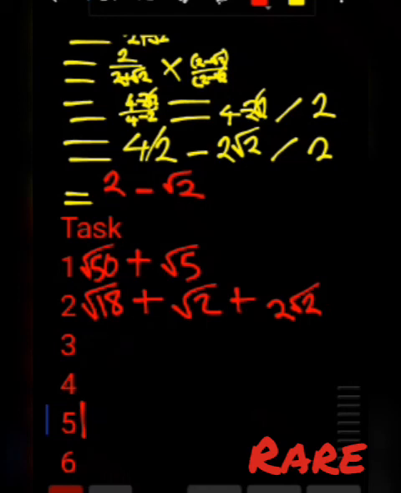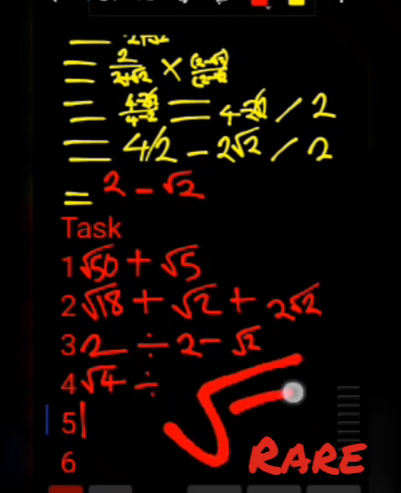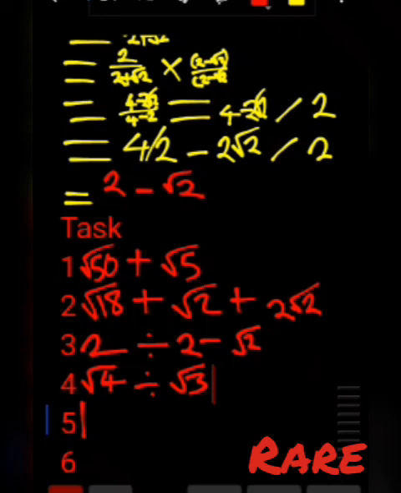Number 3, I want you to simply divide this, 2 divided by 2 minus the root of 2, like this. Number 4, I want you to divide the root of 4 divided by the root of 3, like this.